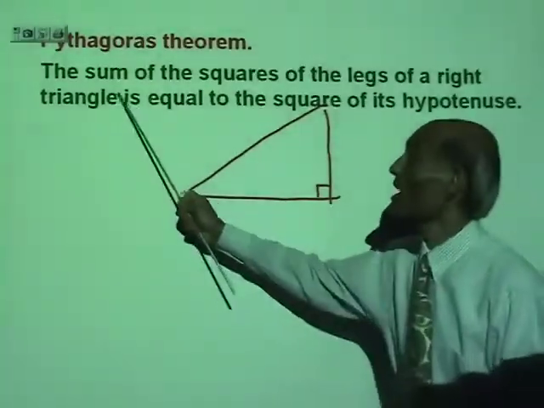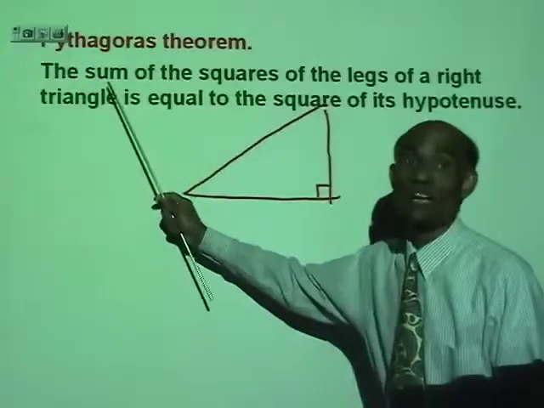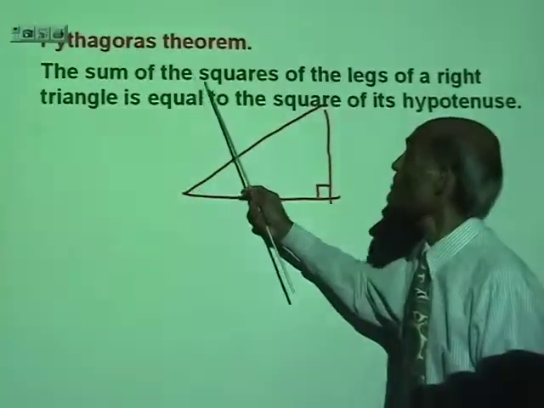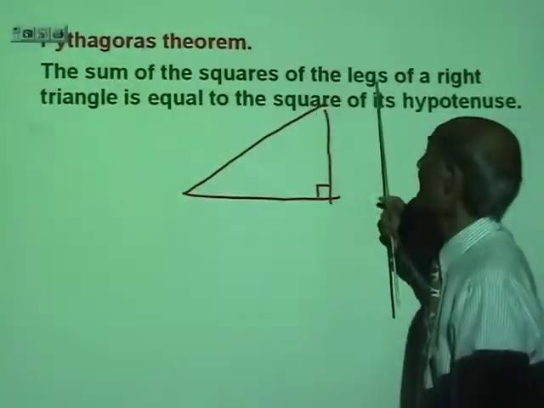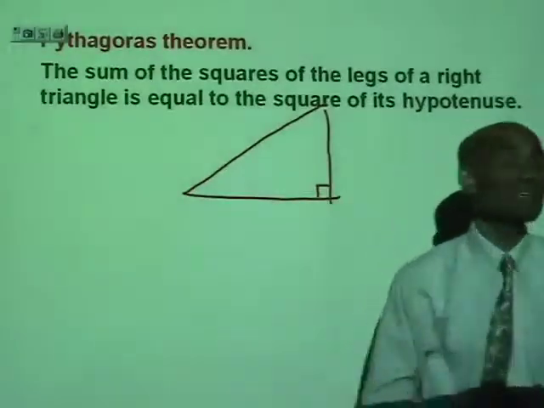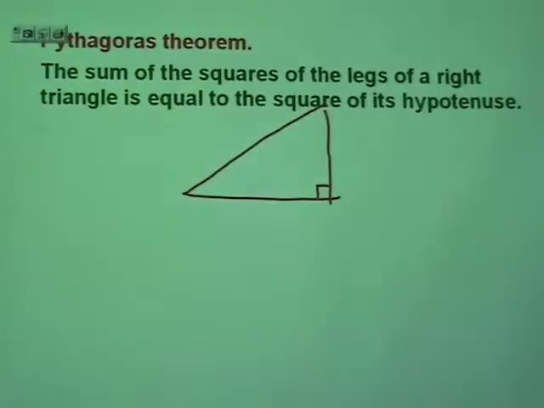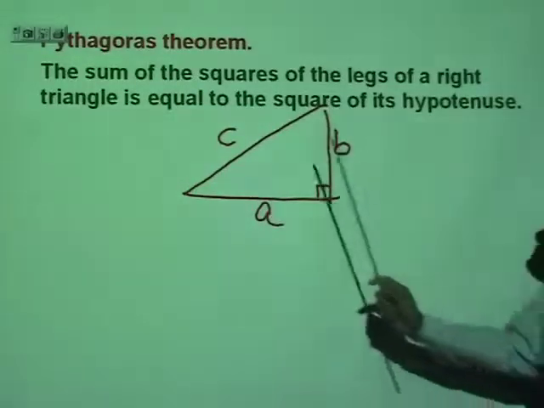And what does the Pythagoras theorem say? It says the sum of the squares of the legs. Suppose I name these legs. I'm going to say the bottom leg is A and the other leg is B. The hypotenuse is C. What does the Pythagoras theorem tell you?